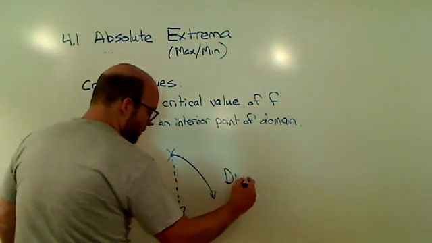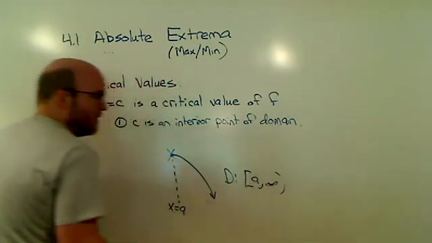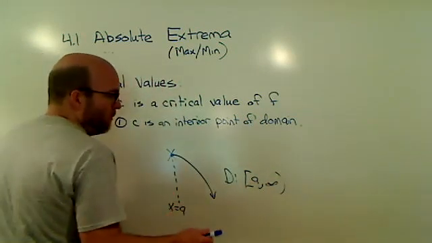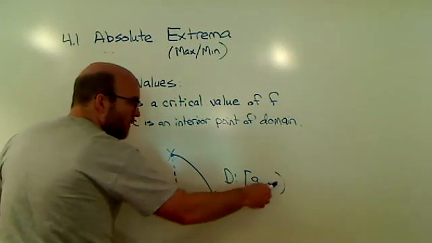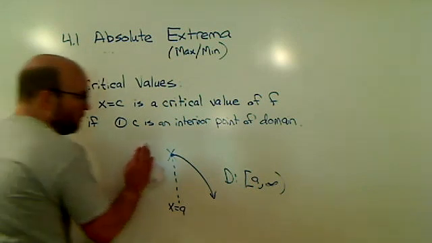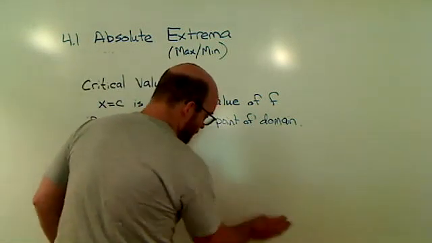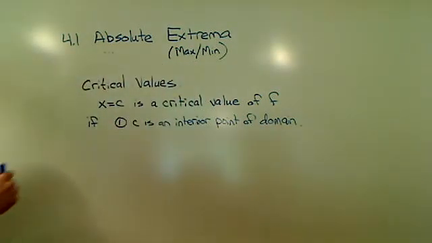So your domain there would be from a to infinity. An interior point just literally means something that's not the endpoint of your interval giving you the domain. And so you just have to avoid any points that happen to be on the edge of your domain.